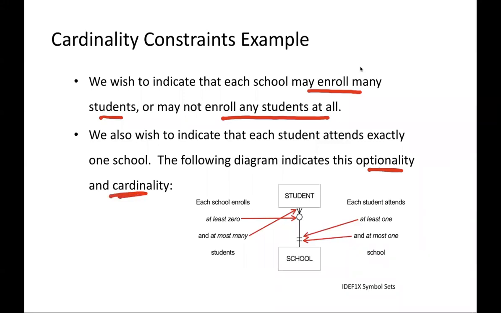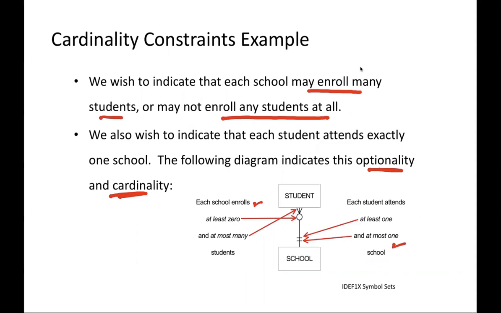So you can see here, each school enrolls at least zero students. This is where we use this notation. And at most many students, there we use the three lines coming into the circle. And we use the double bars to indicate that each student attends at least one and at most one school. This is the double bar notation.